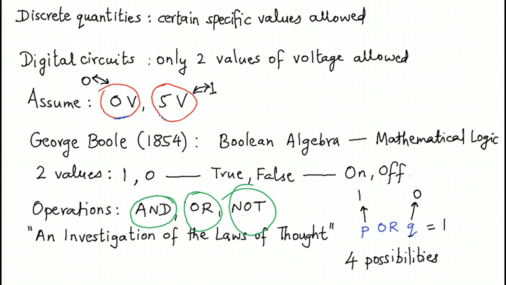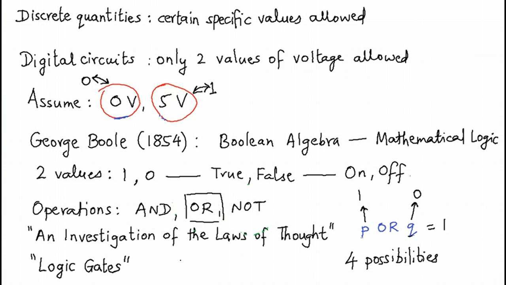For example, it is possible to fabricate an electronic circuit composed of resistors and diodes, which performs the job of the OR operation. And such electronic circuits are in general called logic gates. And this particular circuit which I just now talked about would hence be called an OR gate.